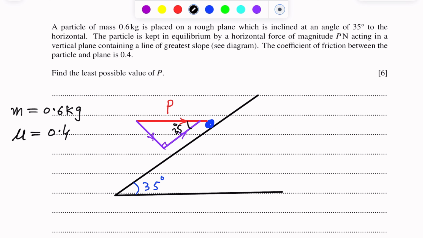Now the component opposite to the angle 35 will be P sin 35, and this other component is P cos 35 degrees.